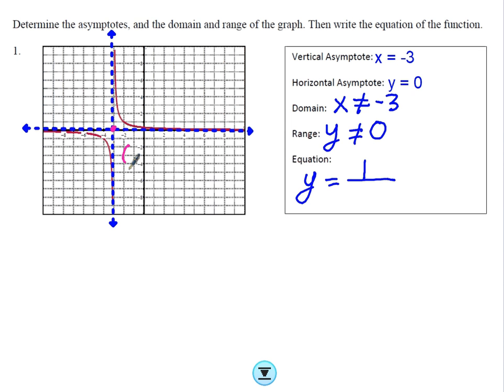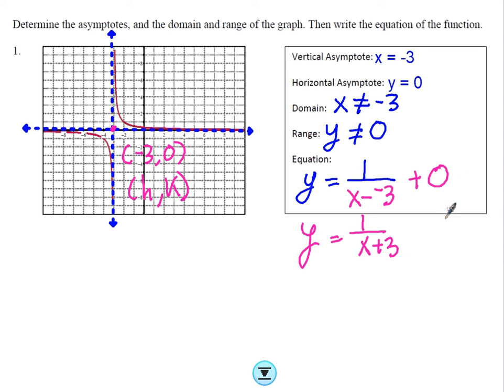That point is at (negative 3, 0). That is going to be your h and your k. So it'll be 1 over x minus negative 3 plus 0. And you can keep it like that, but it's not really ideal. You'd want to simplify at least a little bit. Minus a negative is the same thing as plus, so this would be 1 over x plus 3, and then you don't really need that plus 0 there because it is a 0. So this is my equation.